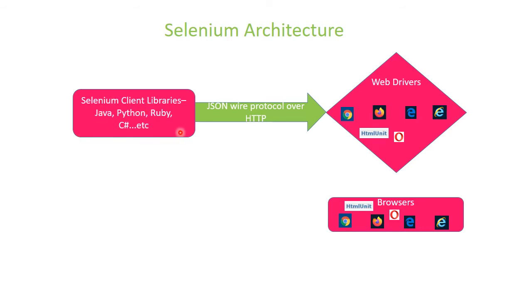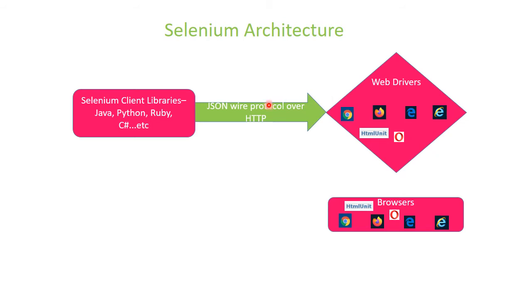That way, the instructions which are written based on Selenium library methods and classes are transferred to the web drivers, or in other words instruct the web drivers, in the form of JSON protocols.